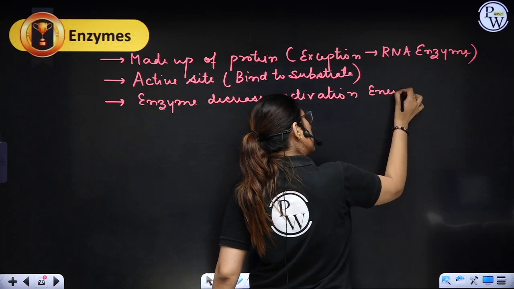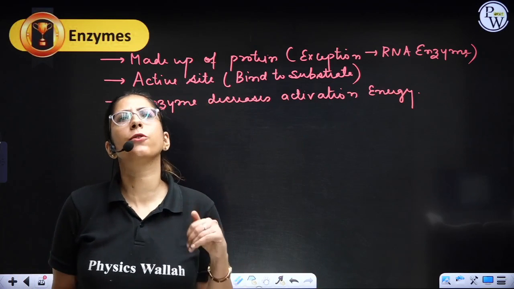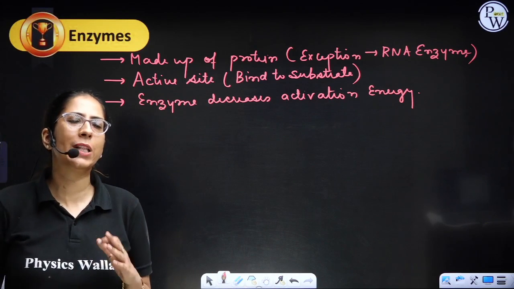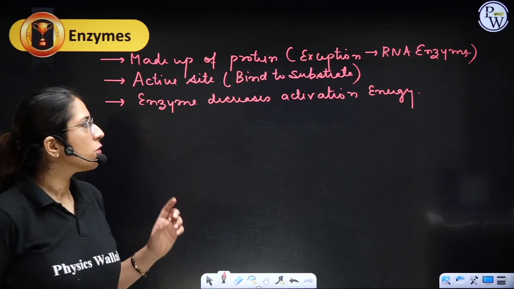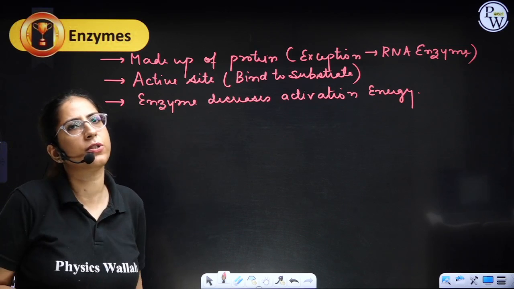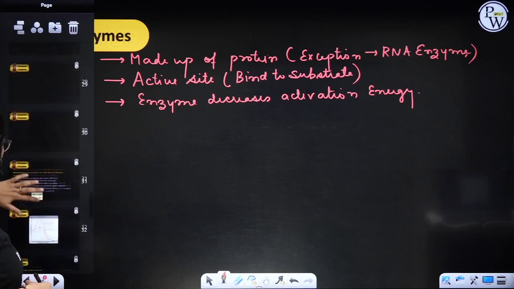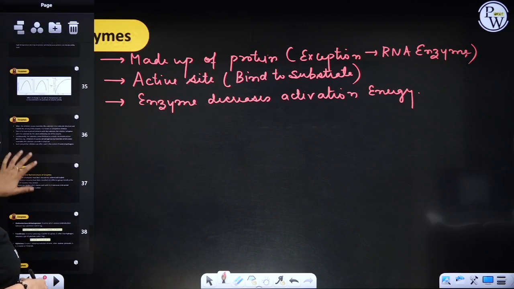Activation energy is that energy which a substrate has to cross to match with the energy of the product. So this reduction in the activation energy is done by the enzyme. We have different categories of these enzymes also. We'll be talking about it.